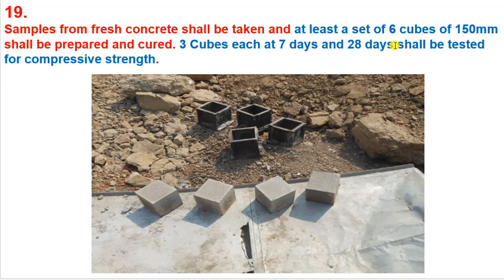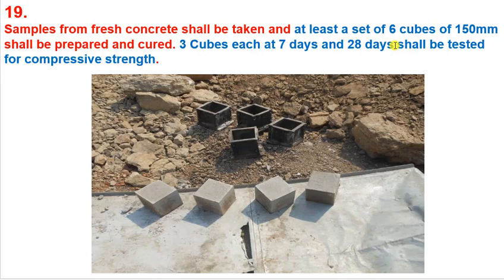Because if the results are inappropriate, then obviously we need to discard those cubes, and that will help us save 21 more days of waiting to get the strength after 28 days. Got it? Obviously the strength of the 28-day cubes will also probably be below our requirements.